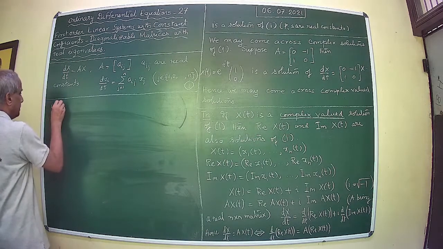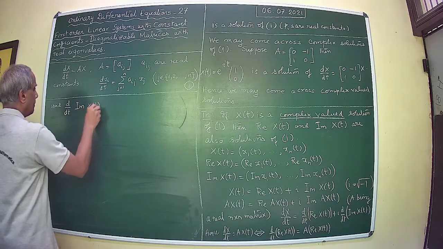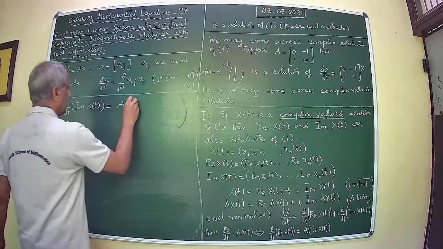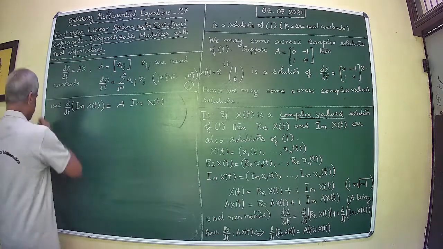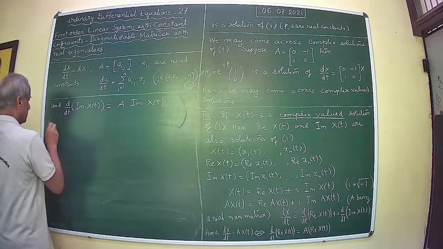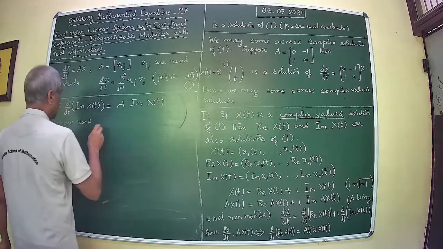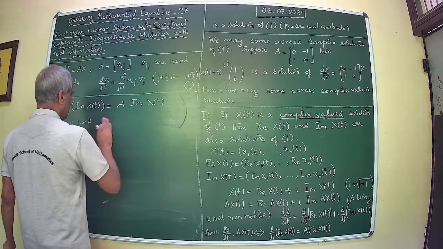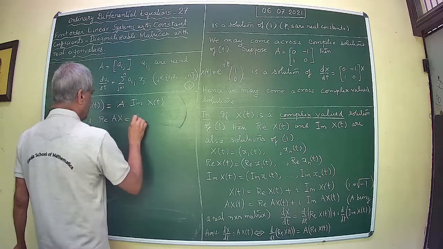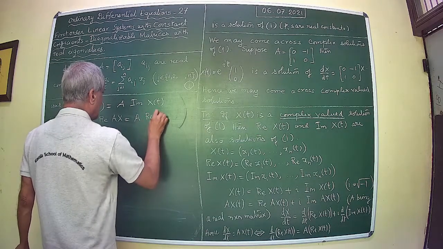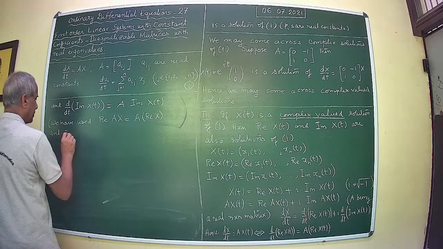And here we have used that the real part and the imaginary part of A x(t) are A times the real and imaginary parts of x(t).